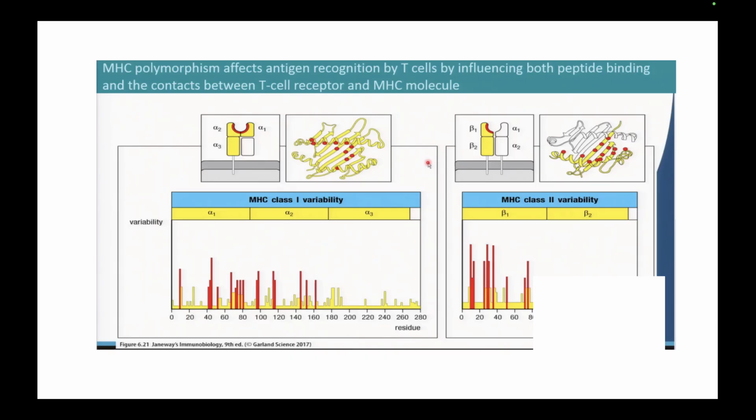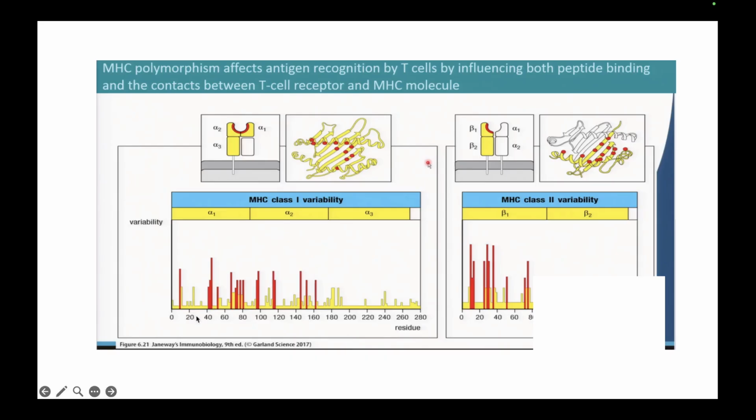This red part is present between alpha 1 and alpha 2. You can see there are beta sheets in the center, and there are these alpha helices. The red dots are showing the variability: at what locus there are changes, as we are saying there is polymorphism, but at what place.